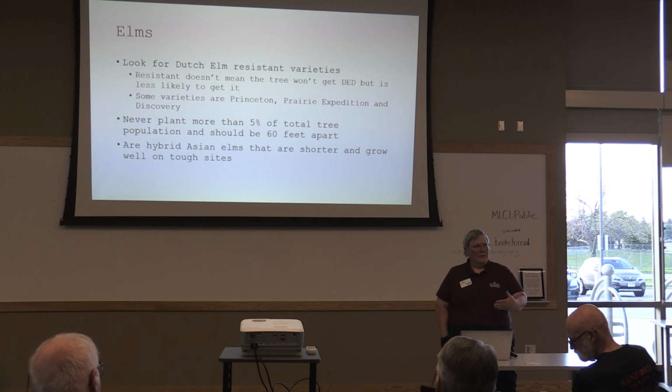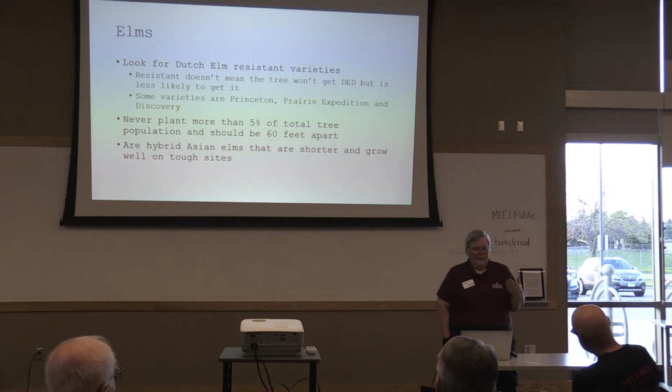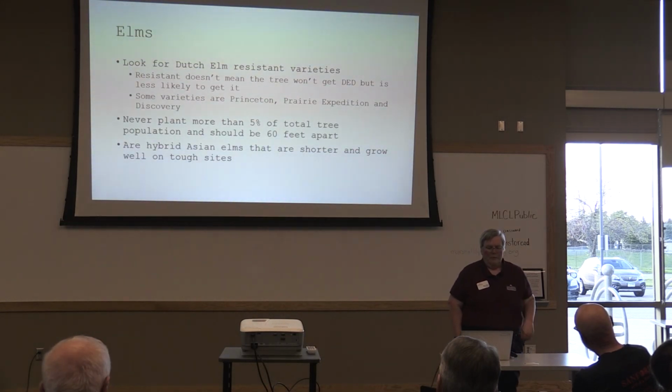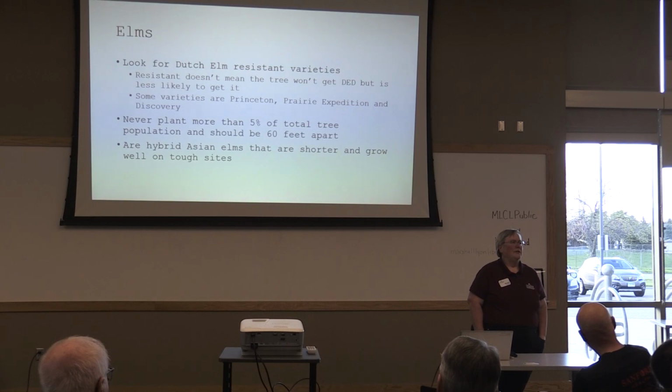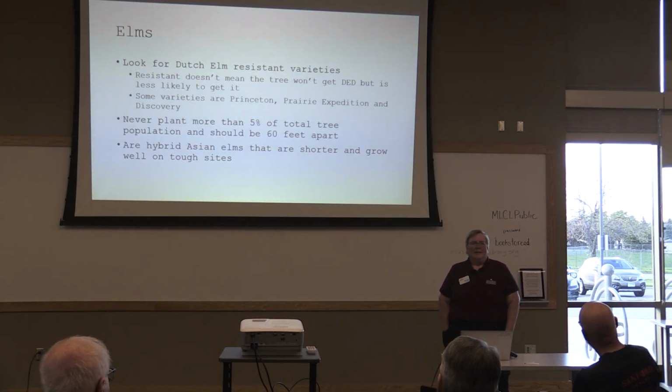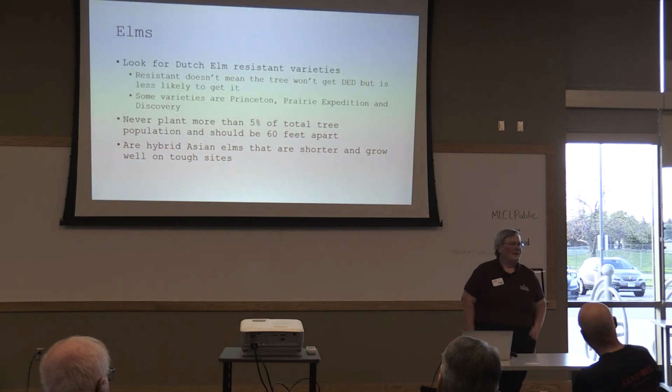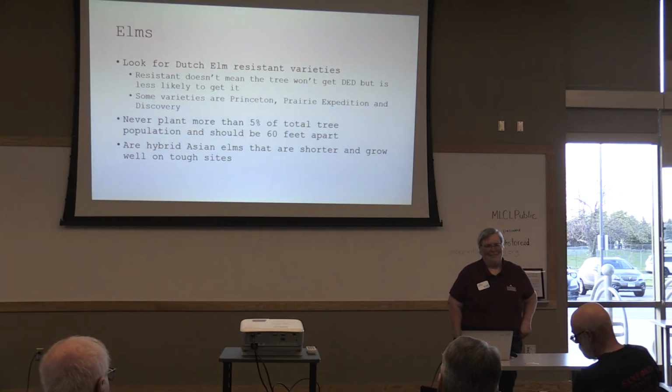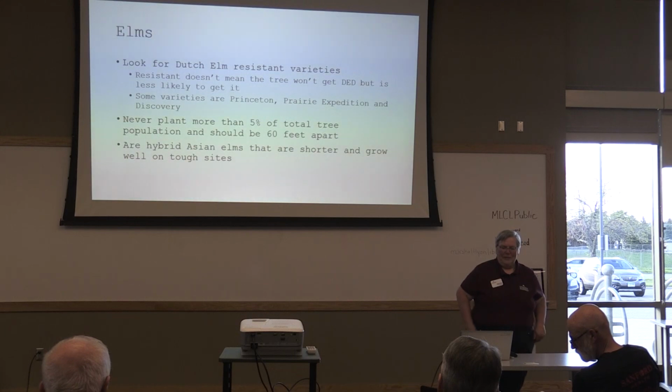When you're planting elm trees, they should be at least 60 feet apart so that their roots don't graft and cause the disease to move from tree to tree, and never plant more than 5% of the total tree population in elm. That's what killed us. That's what did us in in the cities in the 60s, when it went down the blocks one after another. They were too close together and too many of them.